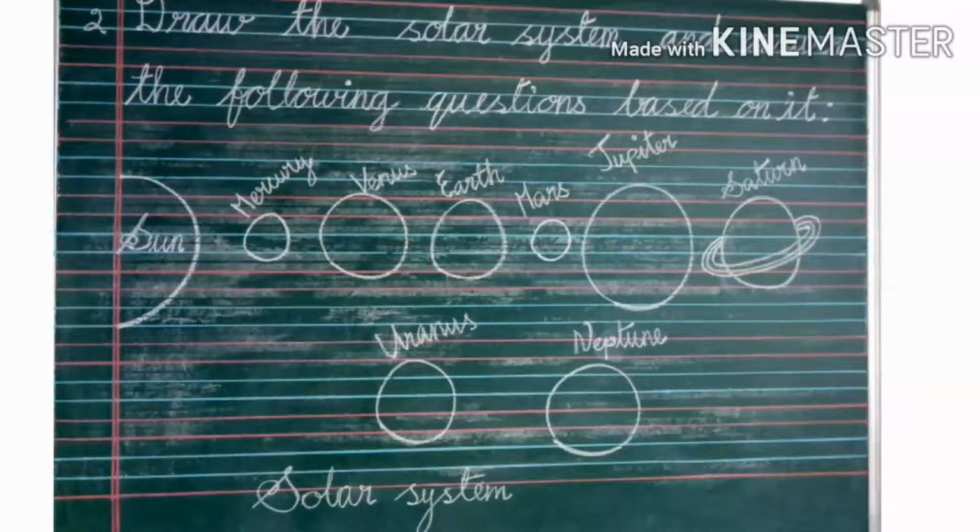So second question is draw the solar system and answer the following questions based on it. Right, children? Okay. So now to draw this planet, you have to take a fresh page or a broad page.